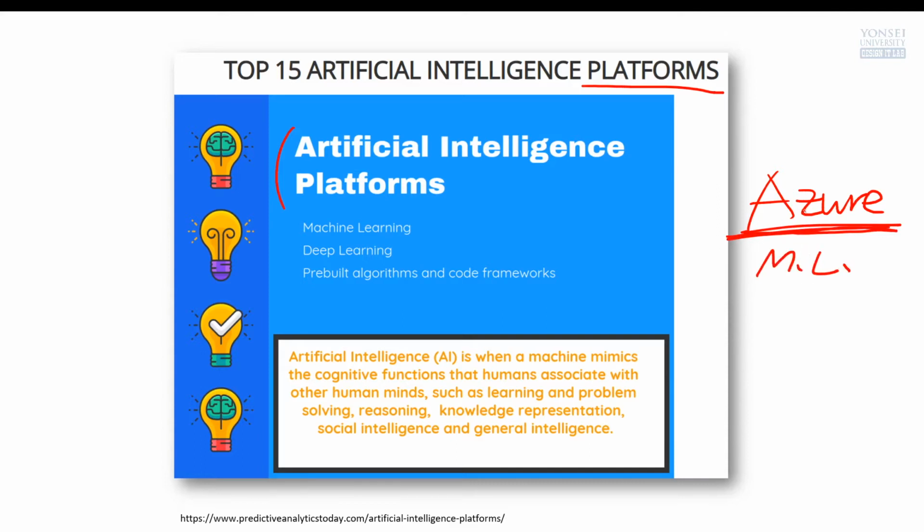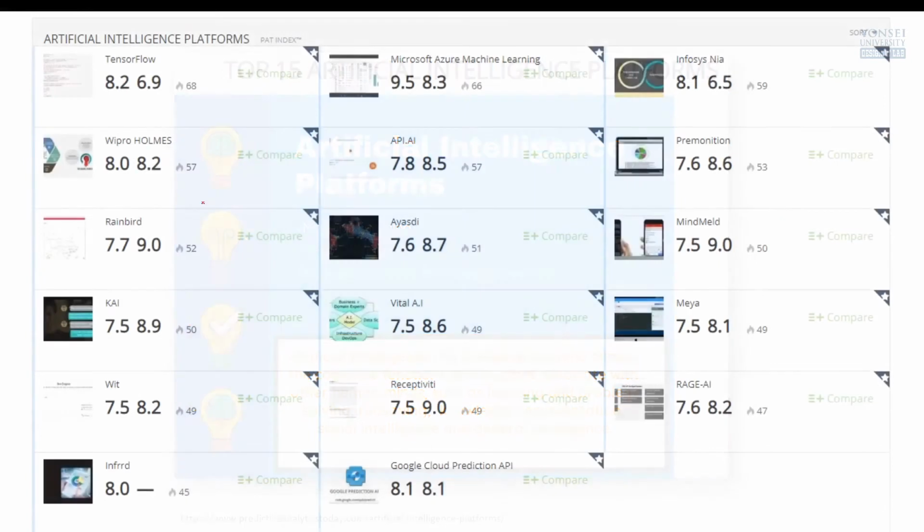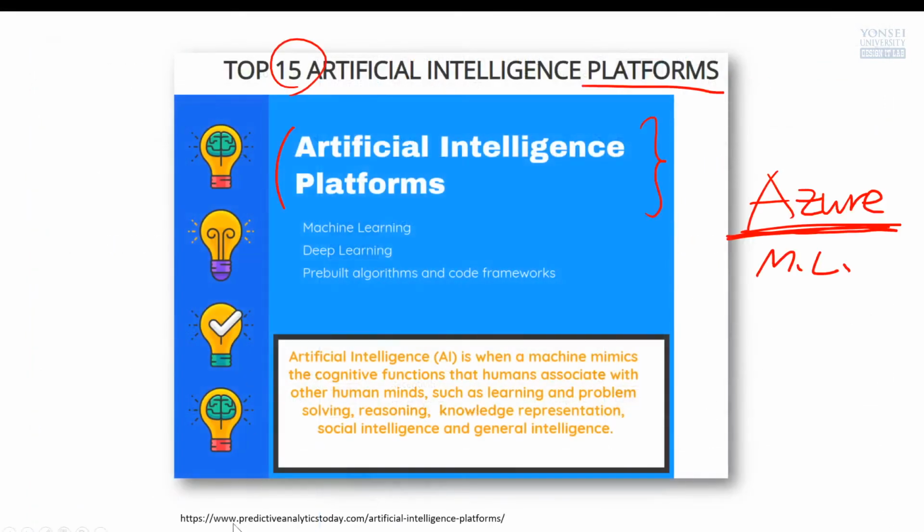It's totally a web-based app, but anyway, it's one of the AI platforms, very popular. And that's why Microsoft earned a lot of money thanks to this system. Anyway, top 15 AI platforms. Actually, this is a more than 1 year old version. Probably, I got this one from this website, this reference.